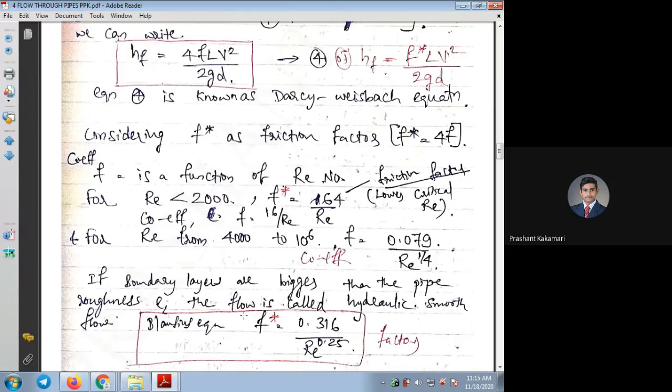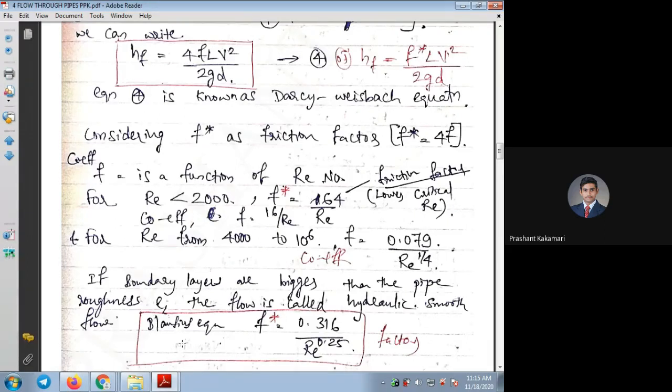So they will create some layer there. It's not exactly one line of fluid particles. It may be any fluid particle which comes near the surface of the pipe. That layer we call the boundary layer. If it is bigger than the pipe roughness, the flow is called hydraulically smooth flow.